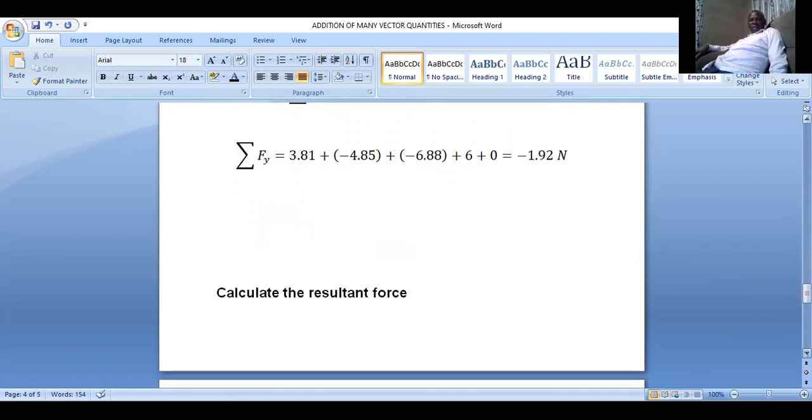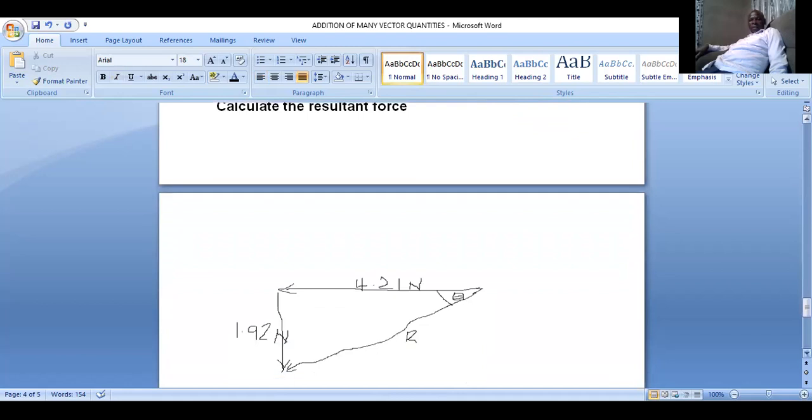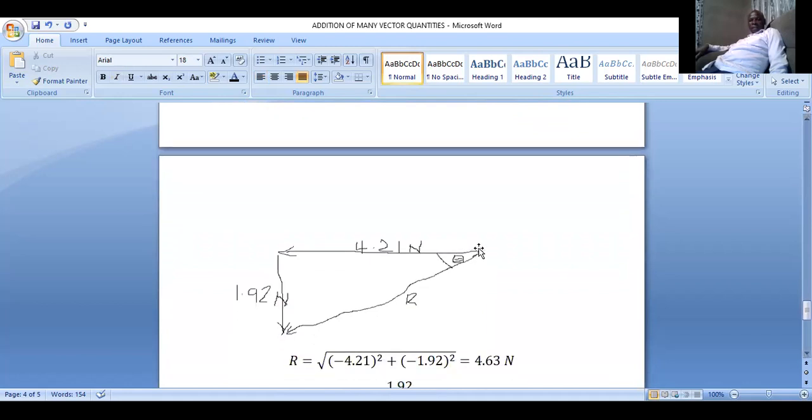So for you to calculate the resultant, you need to define it. Remember, we found that the resulting force in the x-axis, when you added all the components, was negative 4.21, and therefore the force will be along the x-axis in the negative direction.